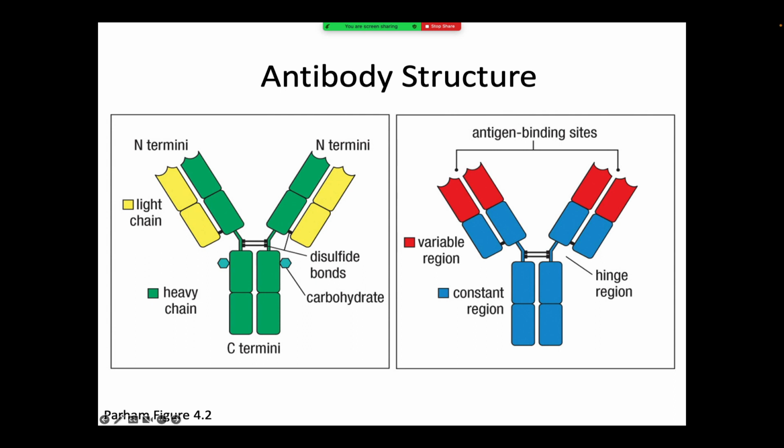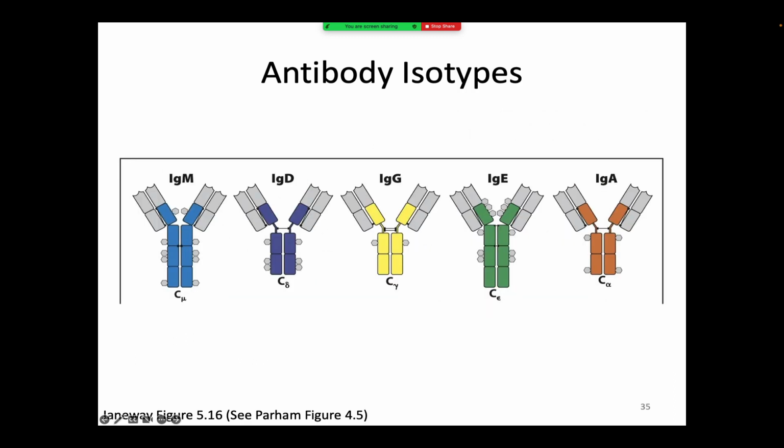You can also see that we have this other part of the antibody. It includes both part of the heavy and light chain, the end of the Fab as well as the Fc, and that region is constant. That's known as the constant region. The constant thing here is sort of relative. There are a few different kinds of constant regions.